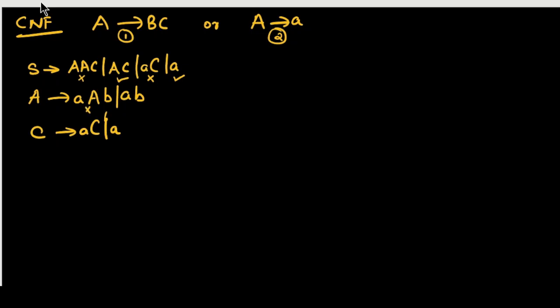And this is not in the format, and this is also not in the format. This is not in the format, this is in the format. Okay, so we have to convert all the invalid productions into valid format. Okay, so how can we do that conversion?